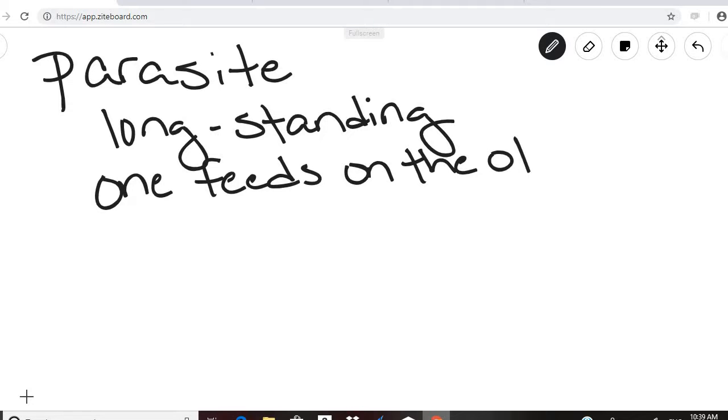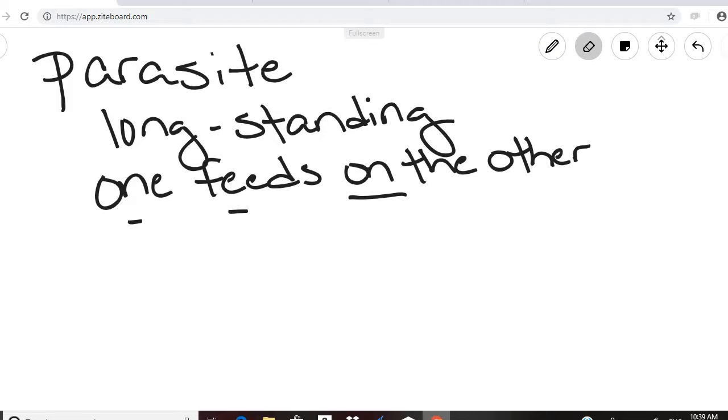So we looked at the tapeworm. The way that tapeworms can grow to be so large is because if they're not treated, they will live in an organism for a long time. So it's a long-standing relationship. So obviously in a parasitic relationship, one benefits, the other is harmed because one feeds on the other.